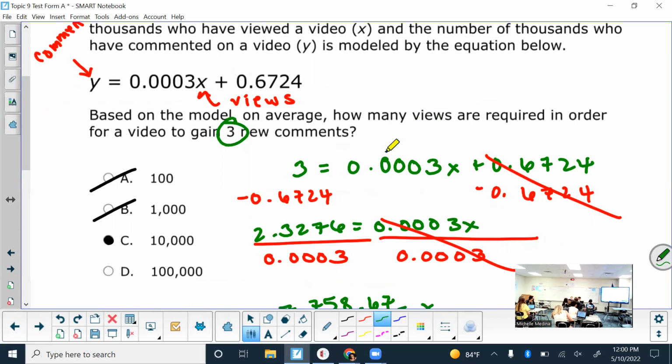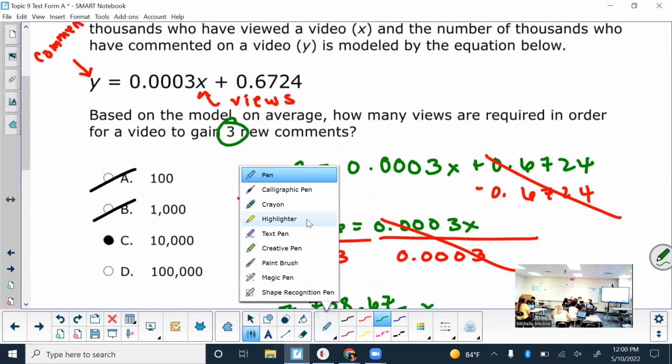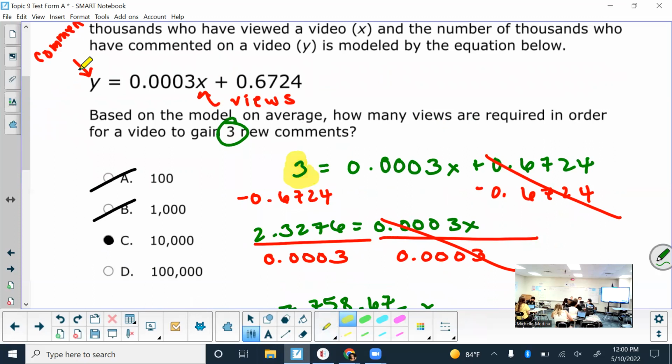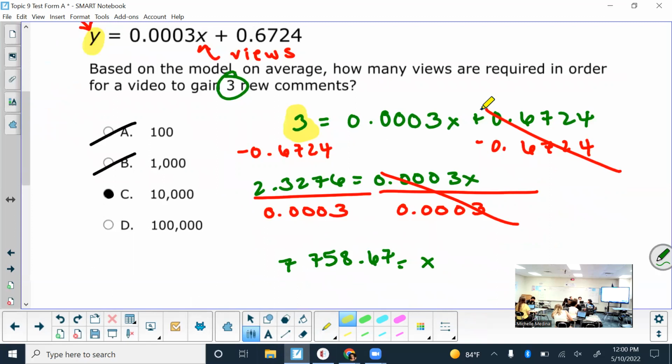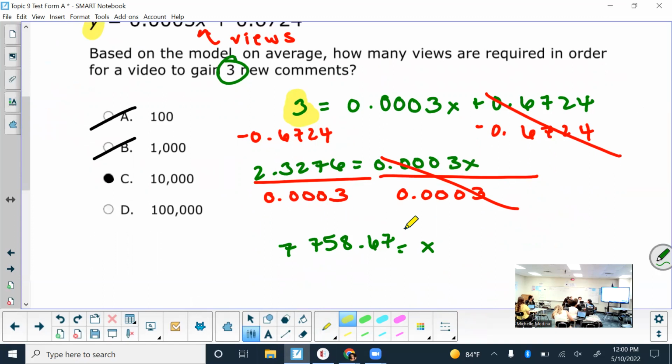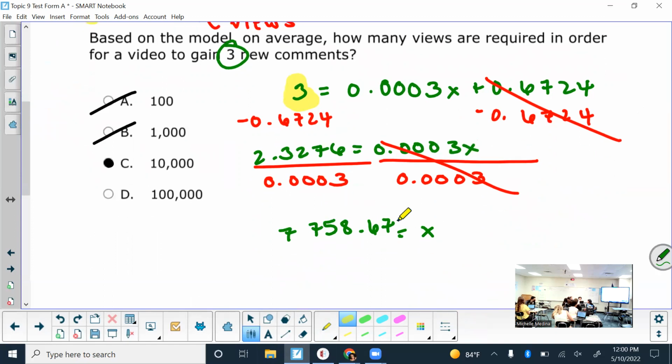So the X is what we're solving for. So here you can see all I did was plug in the 3 for the Y. And we're solving for X. So instead of adding this decimal, we subtract it on each side. Here's what we get. Instead of multiplying the 0.0003, we divide it on each side. And here's what I get.